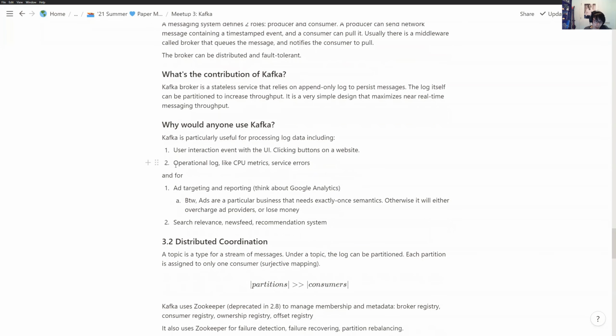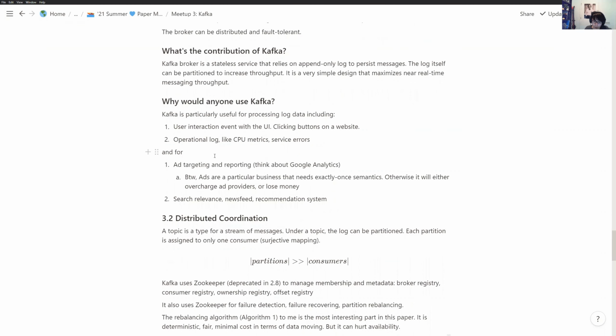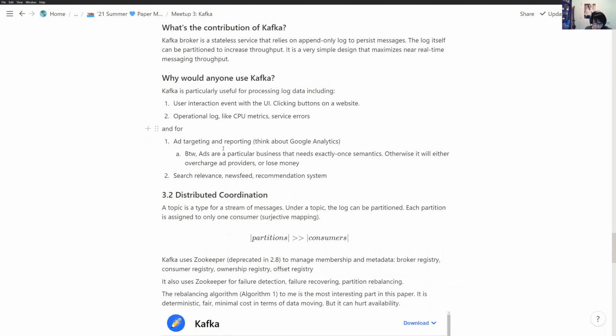The other part are non-user interactions, such as operational logs. So think about CPU metrics or service errors, service logs. Those logs are fed into Kafka as input. The output of Kafka are the consumers, and they can use those logs to do analytical work like ad targeting and reporting. You can think about it as how Google Analytics is done.